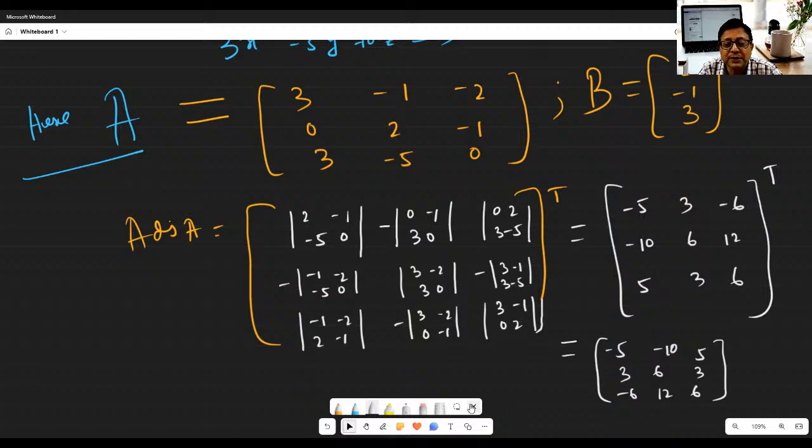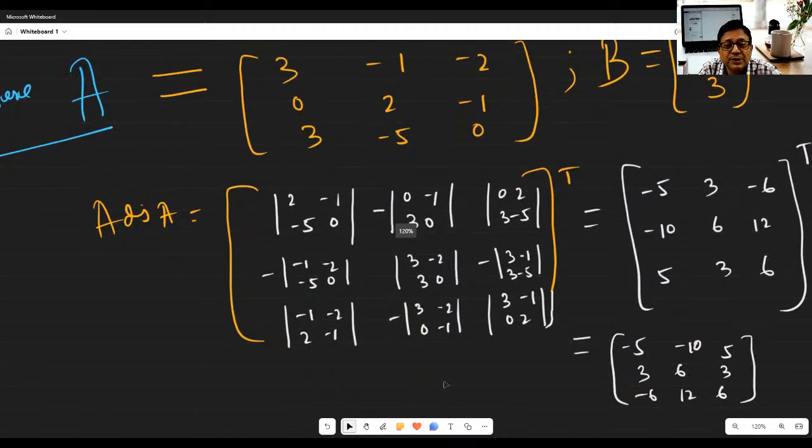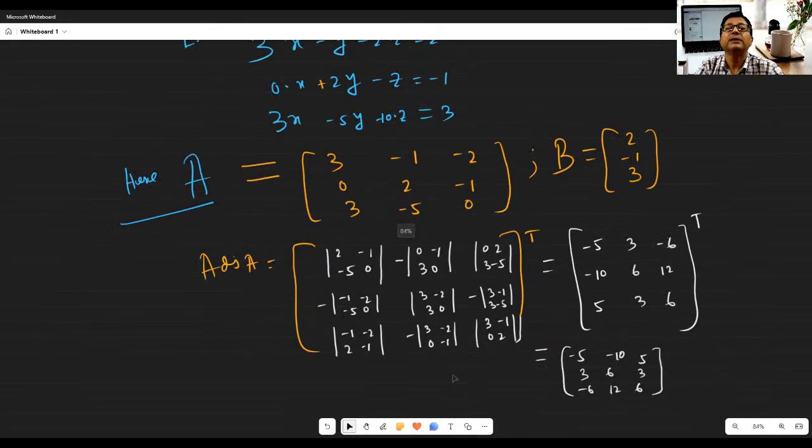Now what are we going to check? We are going to check it with adjoint A into B. I have done it already. This is minus 3, so minus minus plus. 0 plus 3 is 3. Oh, this will be minus. Right. Correct. This is correct, I think.